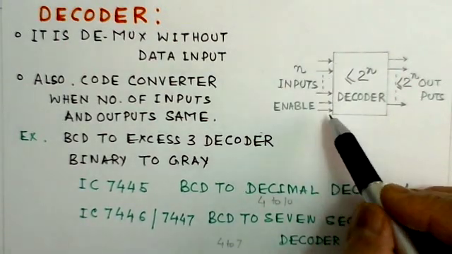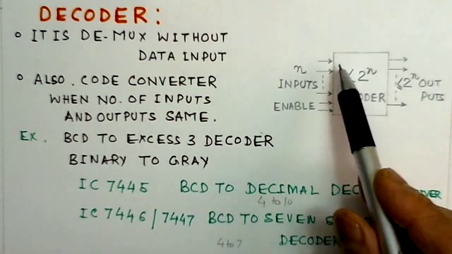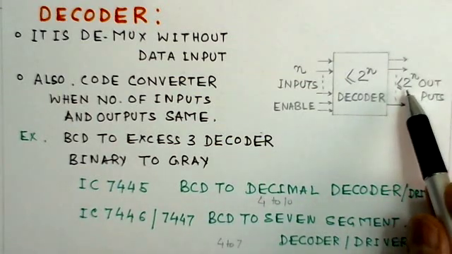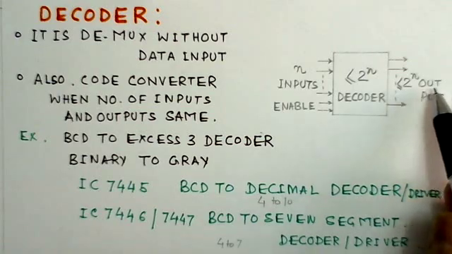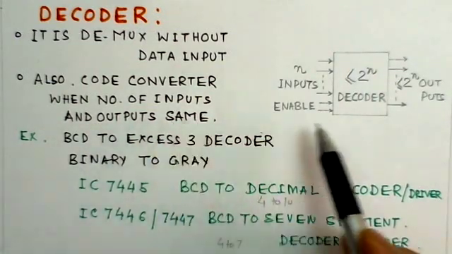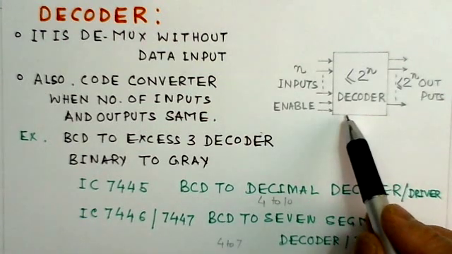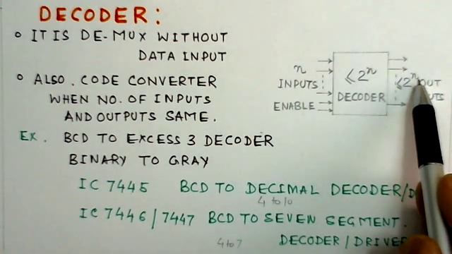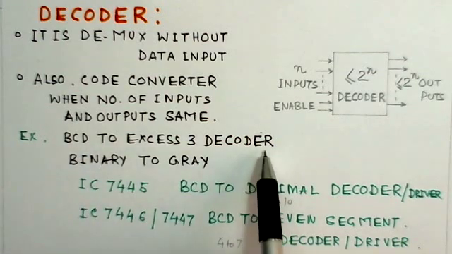Here we have n inputs, an enable signal for the select of this IC, and there are less than or equal to 2 to the power n outputs. This decoder is also said to be a code converter when the number of inputs is equal to the number of outputs. An example here is a BCD to XS3 decoder.